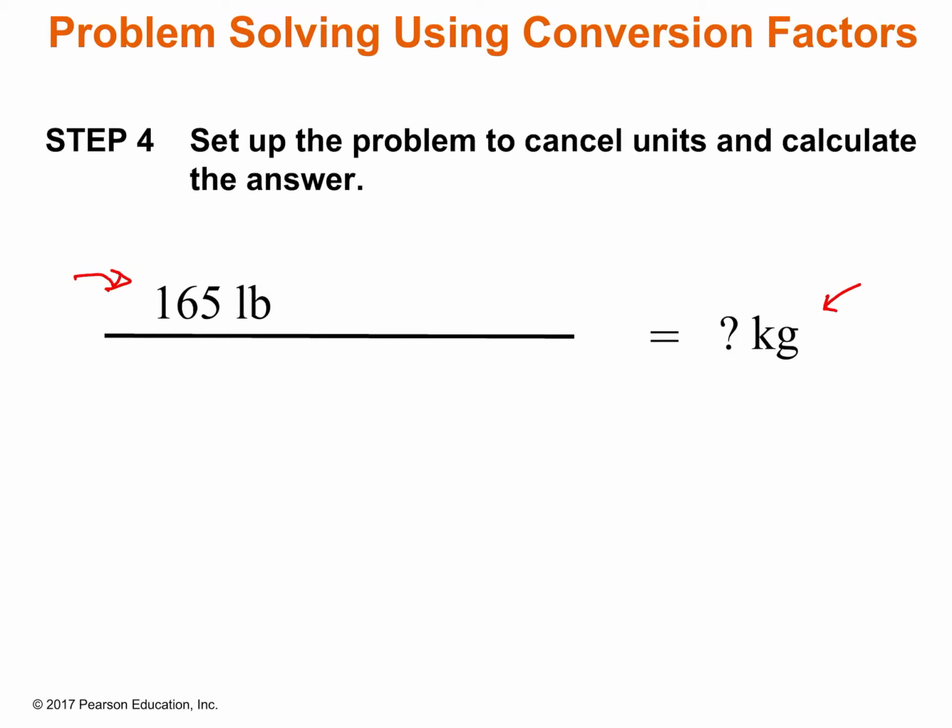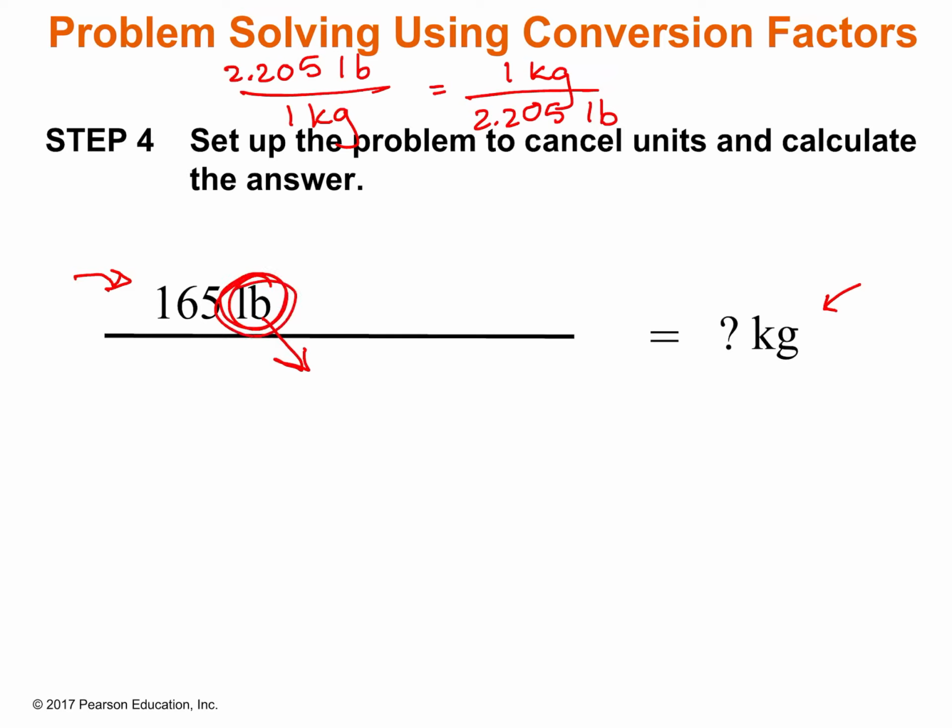Okay, and so we need those two conversion factors that we did from the previous slide. One of them had 2.205 pounds per 1 kilogram, and the other one was 1 kilogram per 2.205 pounds. Okay, so the way that this dimensional analysis works is that we're always going to cancel our units down and to the right.